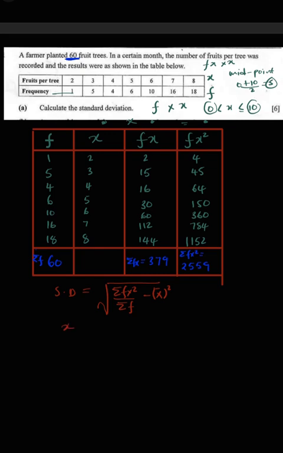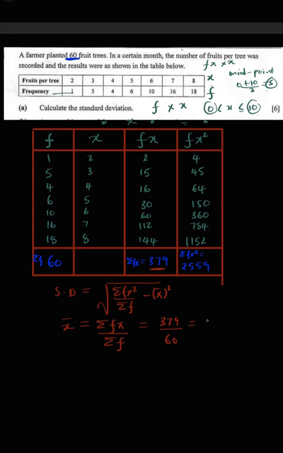So to find the mean, we said mean is equal to summation of fx divided by summation of f. So summation of fx, you can see it's right here. So 379. Then summation of f frequency 60. Then we divide there. So 379 divided by 60.